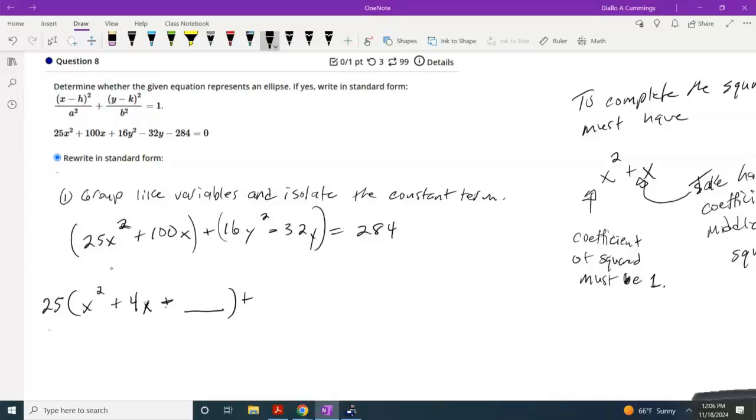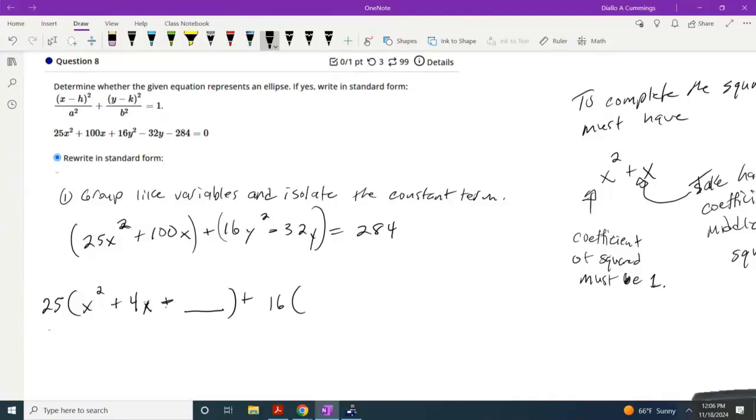And I'm going to look at my y variables. Is the y variable in the correct form to complete the square? We have the second degree term and the first degree term, but the coefficient of the squared term is not 1, it's 16. So I'm going to factor out 16.